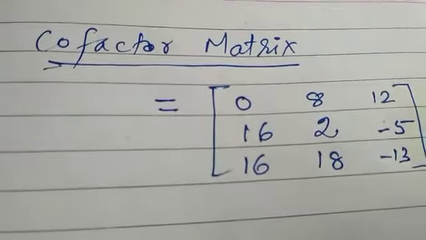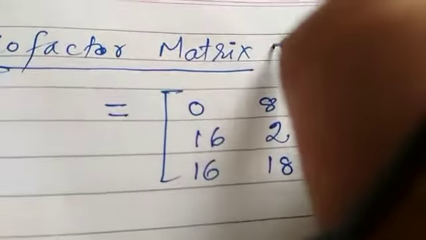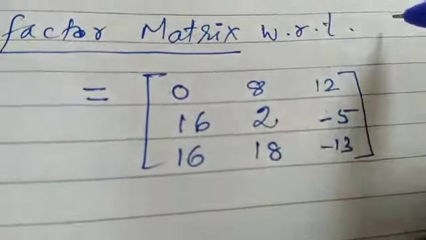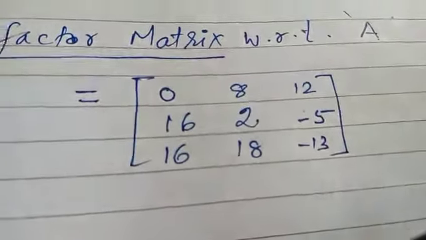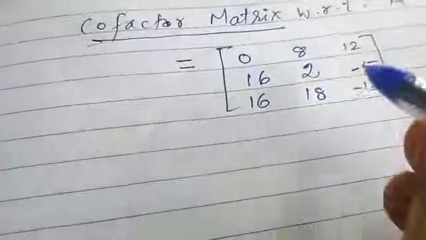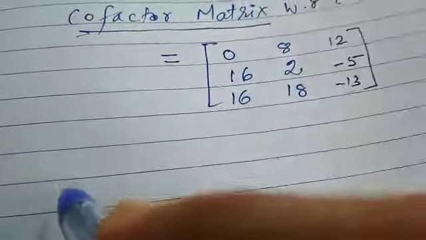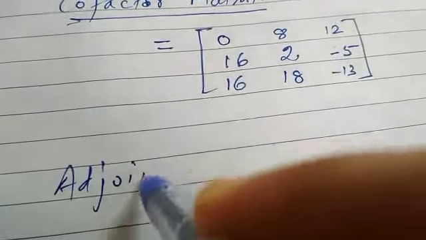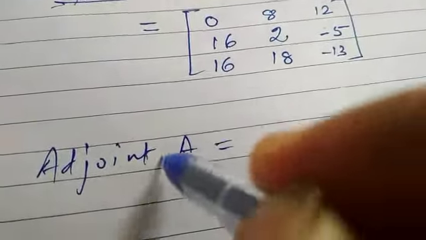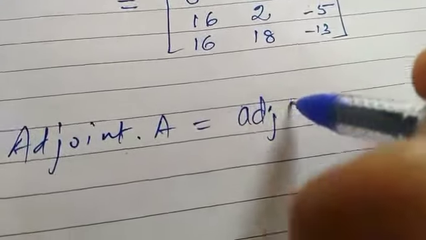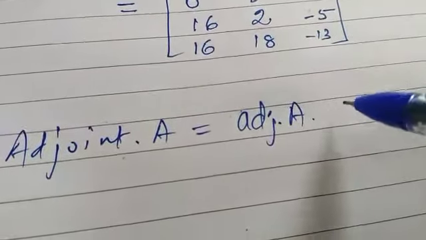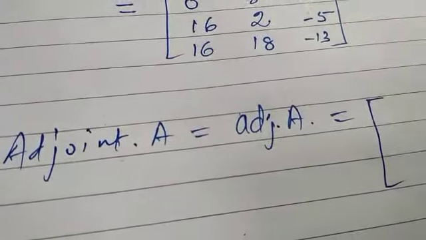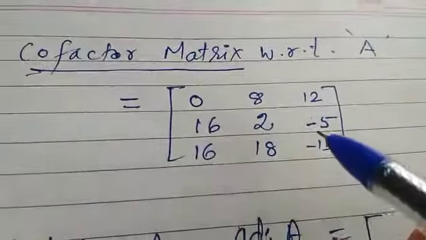This is your cofactor matrix with respect to matrix A. So if you transpose this matrix, you will get the adjoint of A. Adjoint of A matrix is nothing but the transpose of this matrix.